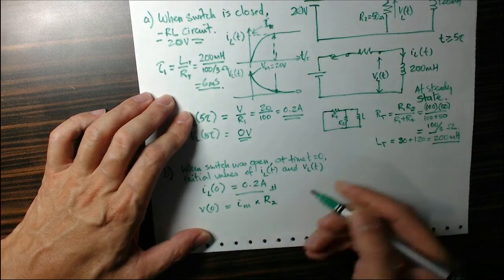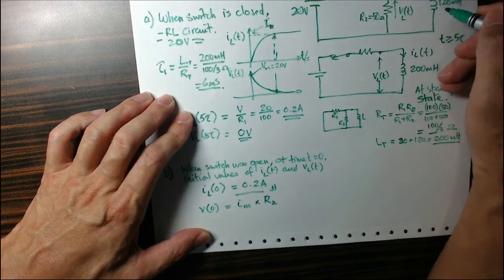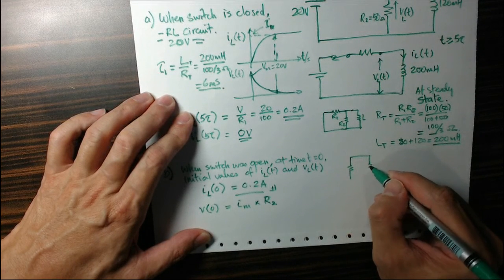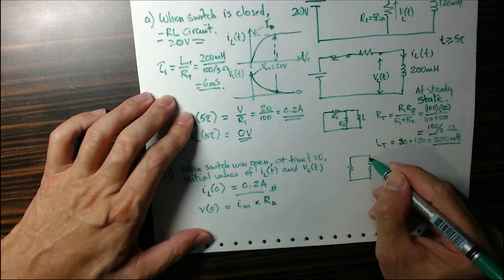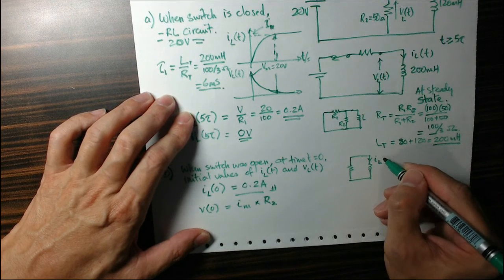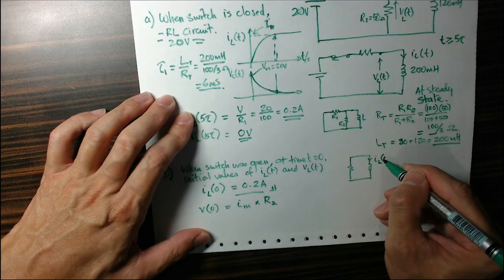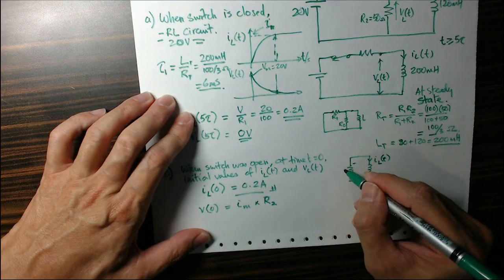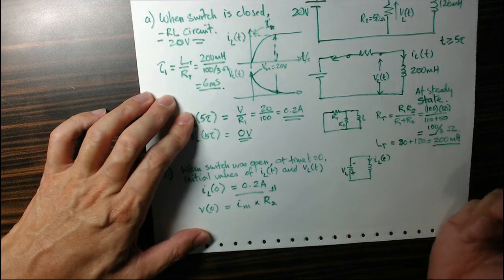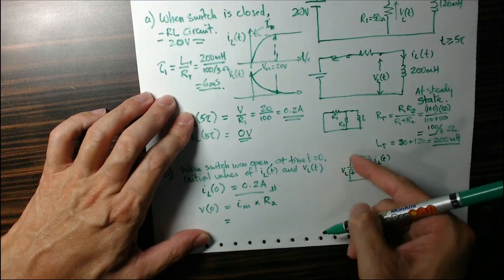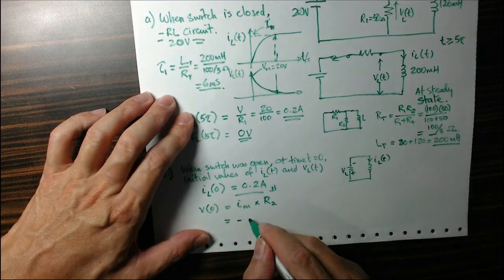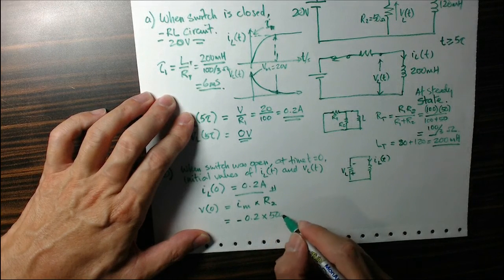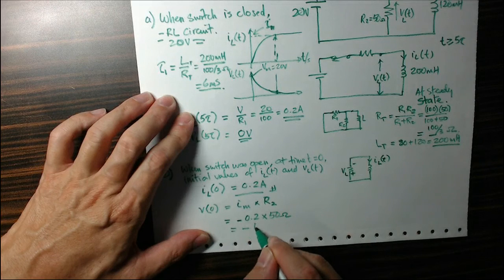This time the effective resistance is R2, because the new circuit will be just like that, where IL is flowing this way, and the voltage now is effectively reversed. V is just in the opposite direction, which is why I put a minus sign in front. 0.2 times the resistance, which was 50 ohms, gives me minus 10 volts.